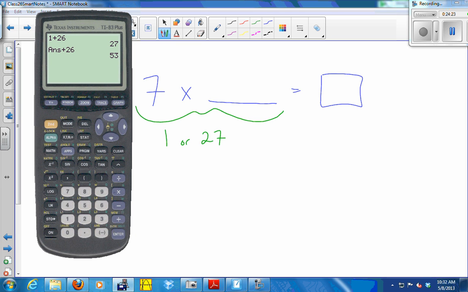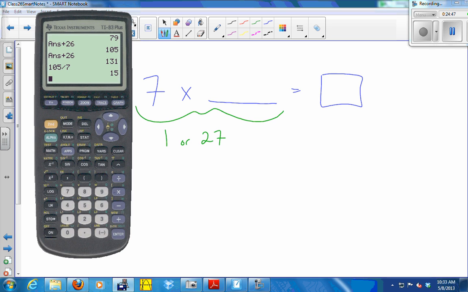Is there a number you can multiply 7 by to make 53? No. Add 26 again: 79. Does 7 go into 79? Nope. Plus 26: 105? It does. 105 divided by 7 goes in 15 times.